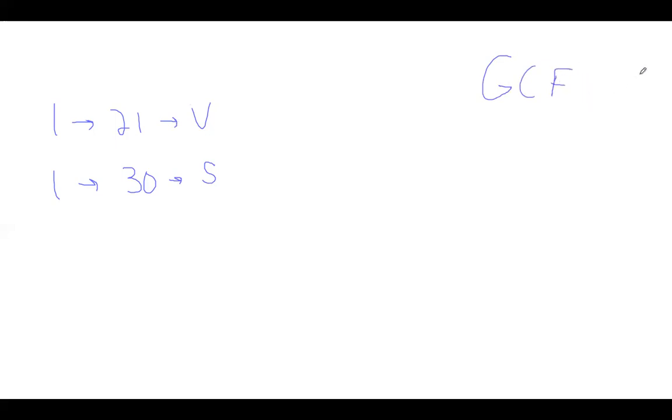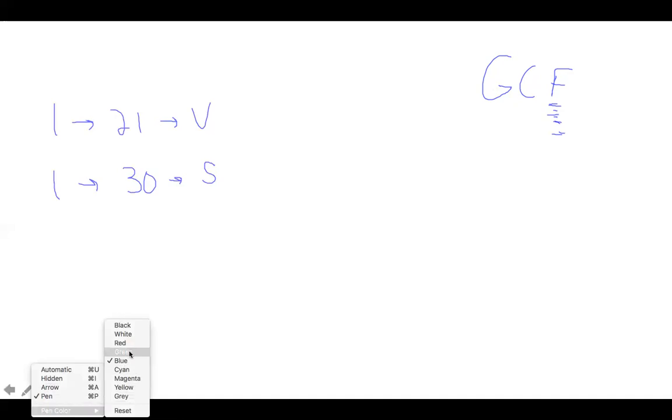It's greatest common factor. Why factor? When we factor something, we divide it up, right, in 2 parts. So if I find the greatest common factor, that's going to tell me how I can break it up so that I use them all evenly, okay? And so I can list all the factors of 21 and 30, or I can do a factor tree. So why don't I just list all the factors, right?